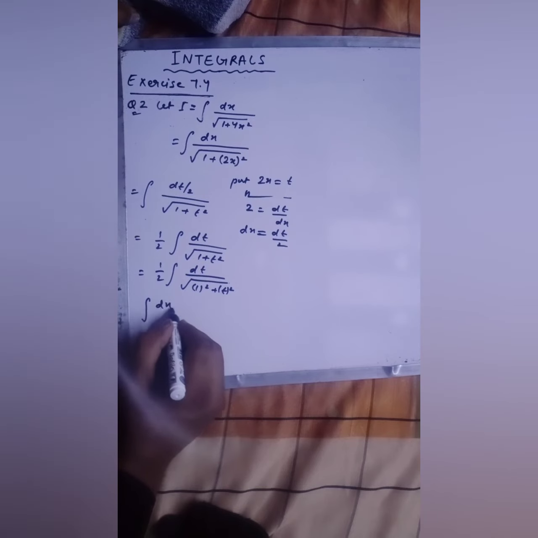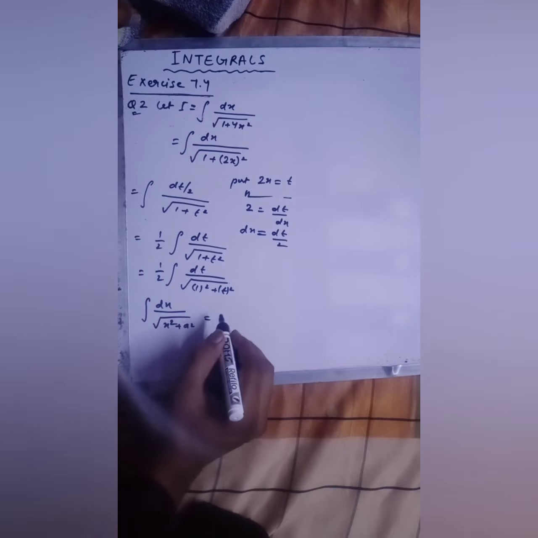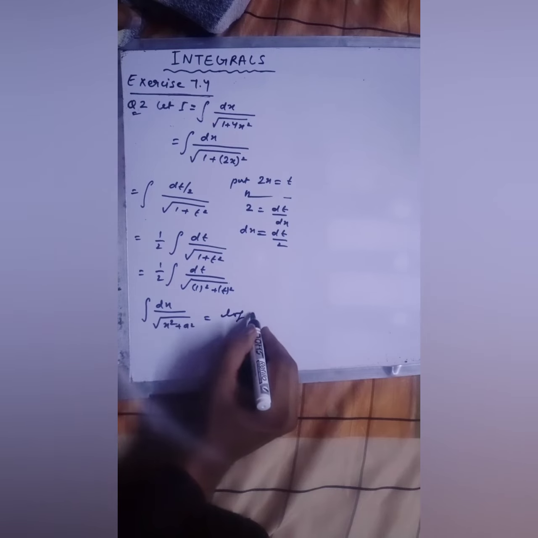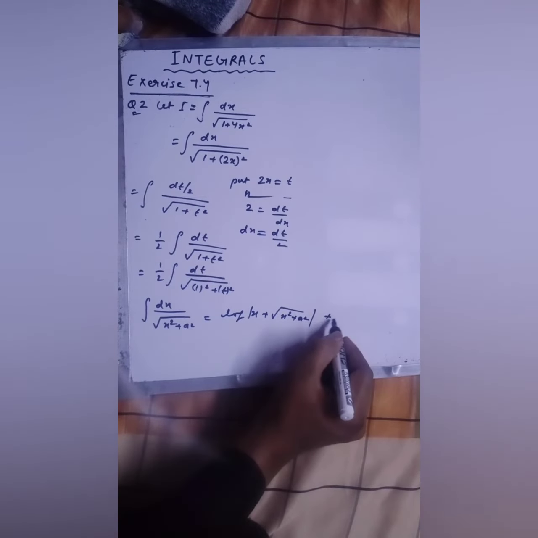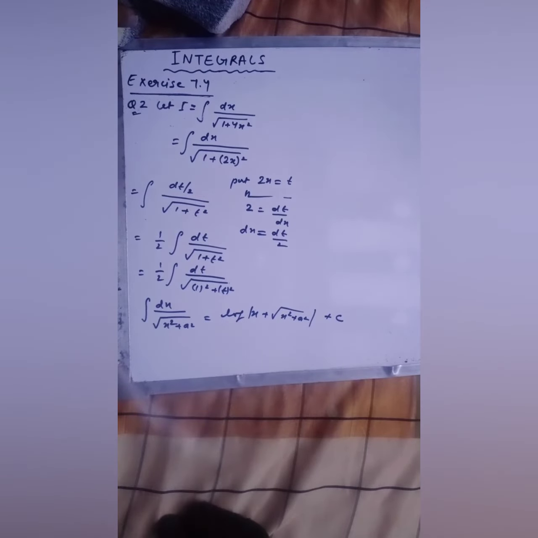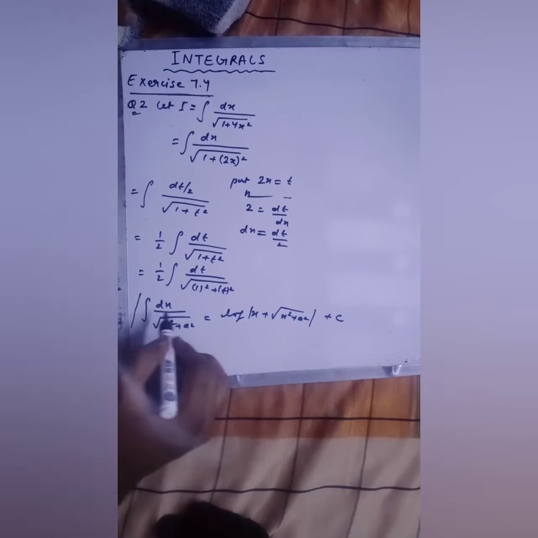integral dx over under root x square plus a square is equal to log modulus of x plus under root x square plus a square, plus c. This is our general formula.